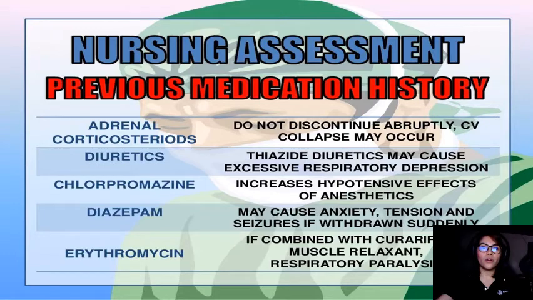The next, chlorpromazine increases hypotensive effects of the anesthetics. Then next is diazepam, which may cause anxiety, tension, and seizure if withdrawn suddenly. And then erythromycin, an antibiotic. If it is combined with curariform muscle relaxant, it may cause respiratory paralysis.